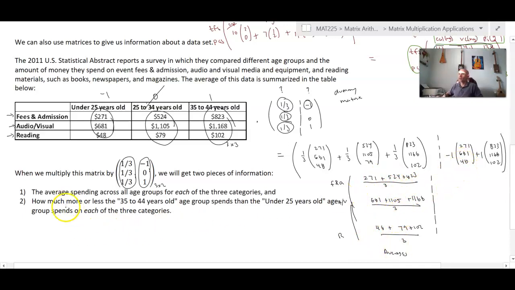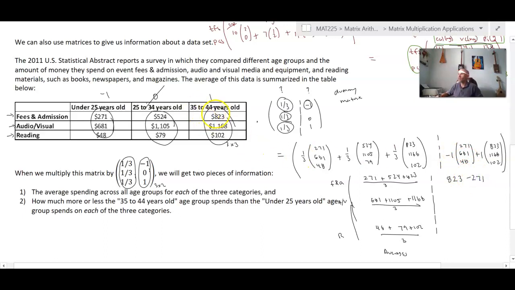And now here we're arguing that also we'll get how much more or less the 35 to 44-year-old age group spends than the under 25-year-old age group. Well, the way we could see that is this -1 times 271 plus 1 times 823 is the same thing as 823 times 1, which is 823, plus -1 times 271, which is -271.